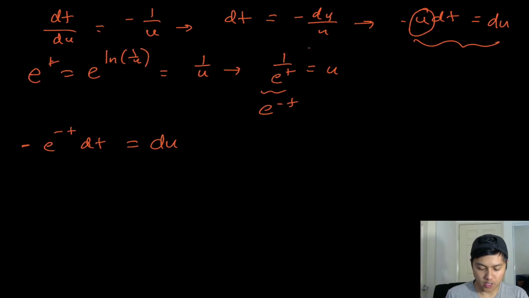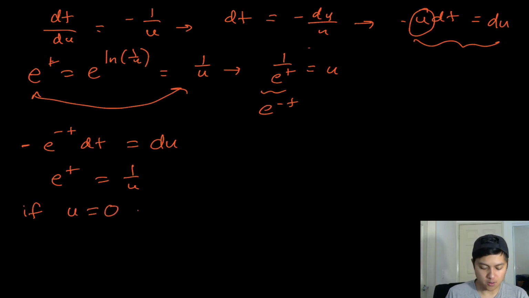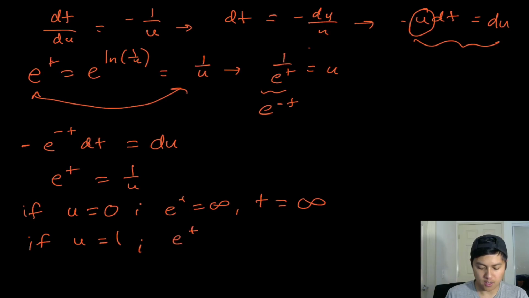Let's just say e to the t is equal to 1 over u. So if u is equal to 0, 1 over u is infinity, so that means e to the t equals infinity, or t has to be infinity. Now if u is equal to 1, then we have e to the t is equal to 1, which means t has to be 0.